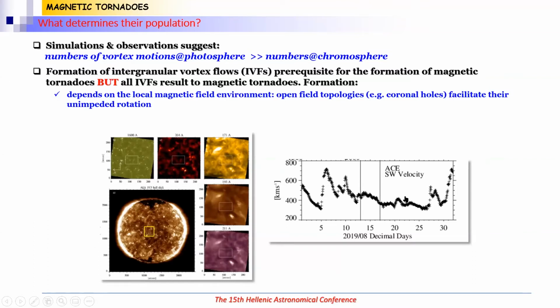First of all, the formation of a magnetic tornado depends on the local magnetic field environment. Open field topologies are favored, and you find such field topologies, for example, in coronal holes, because these open field topologies facilitate the unimpeded rotation of such structures.